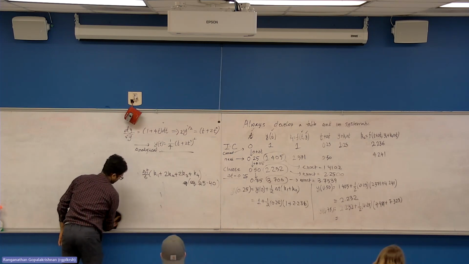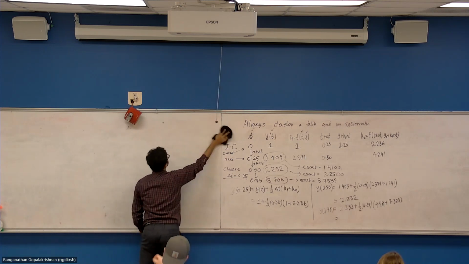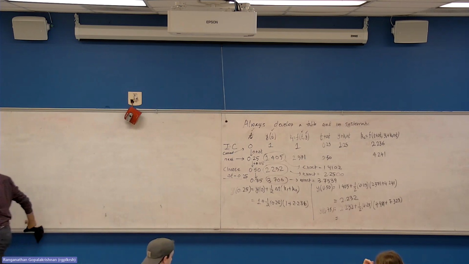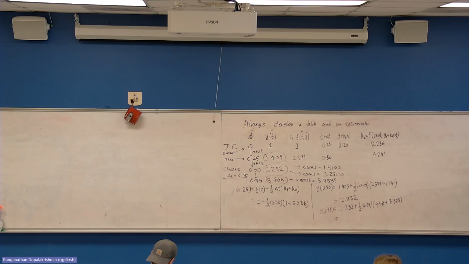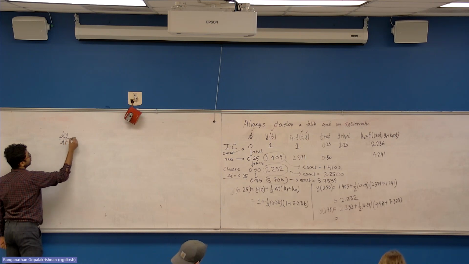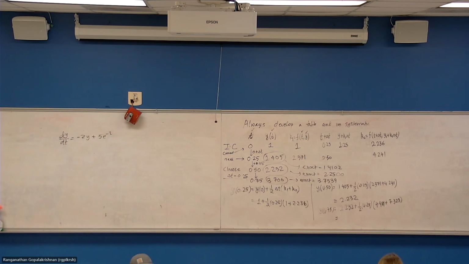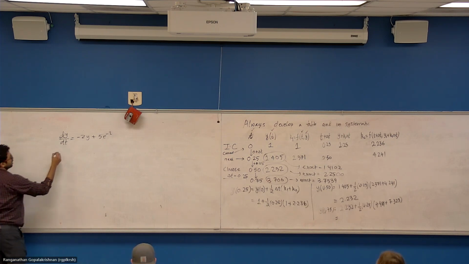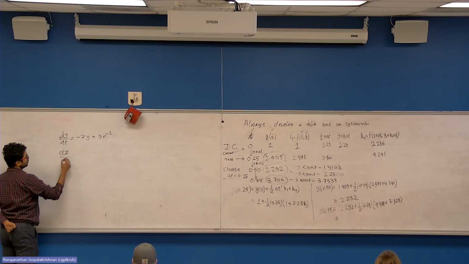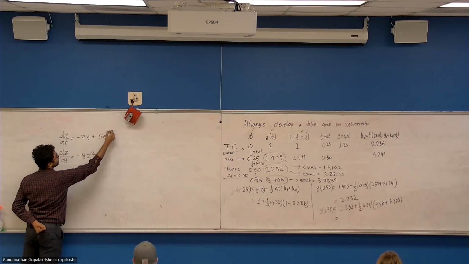Solve two simultaneous ODEs. And when I say solve simultaneously, what do I imply? dy by dt equal to minus 2y plus pi e power minus t, and dz dt equal to minus y z squared.